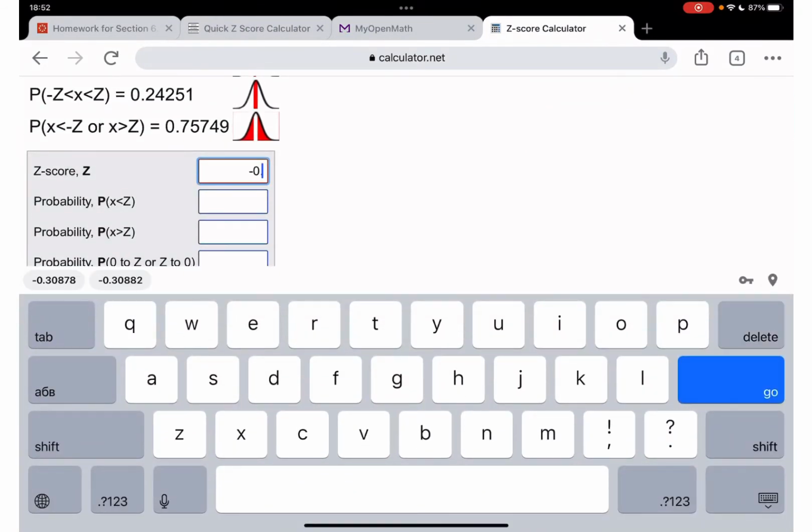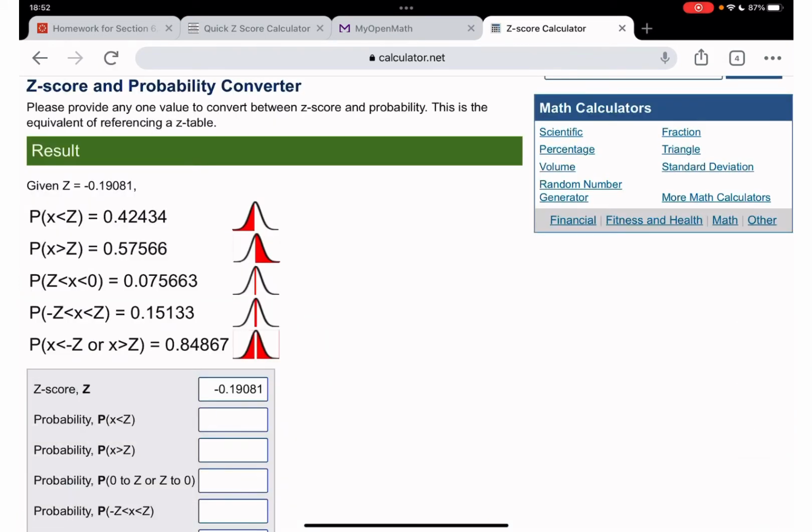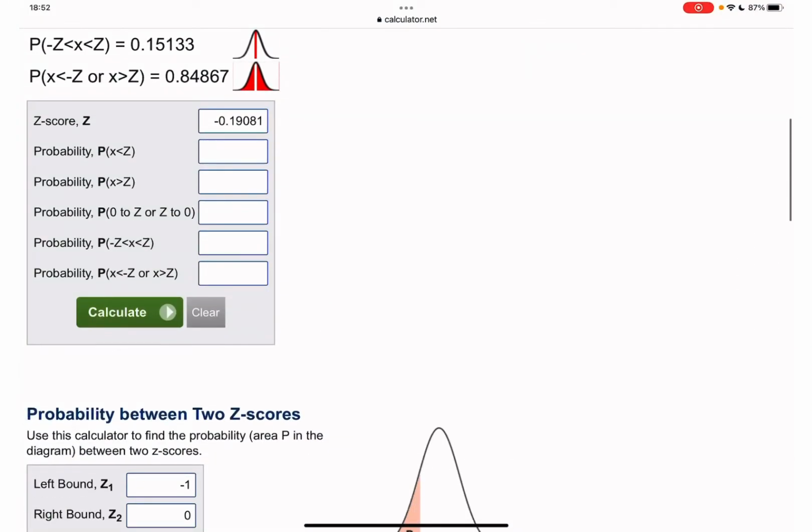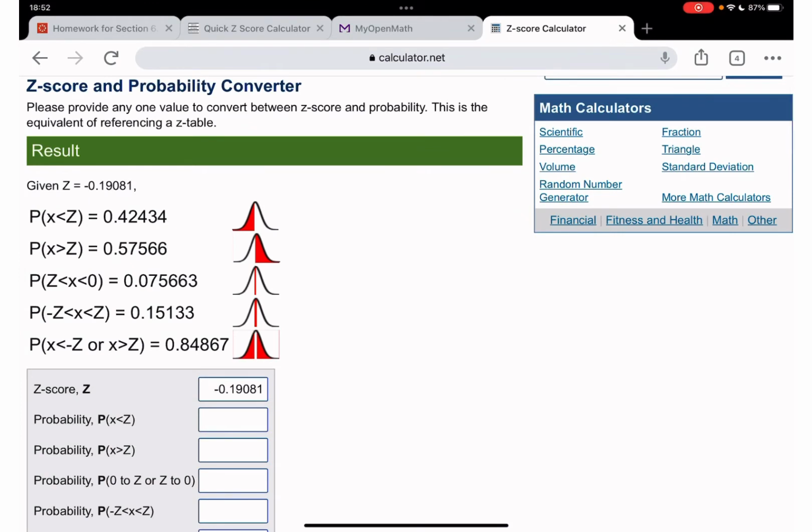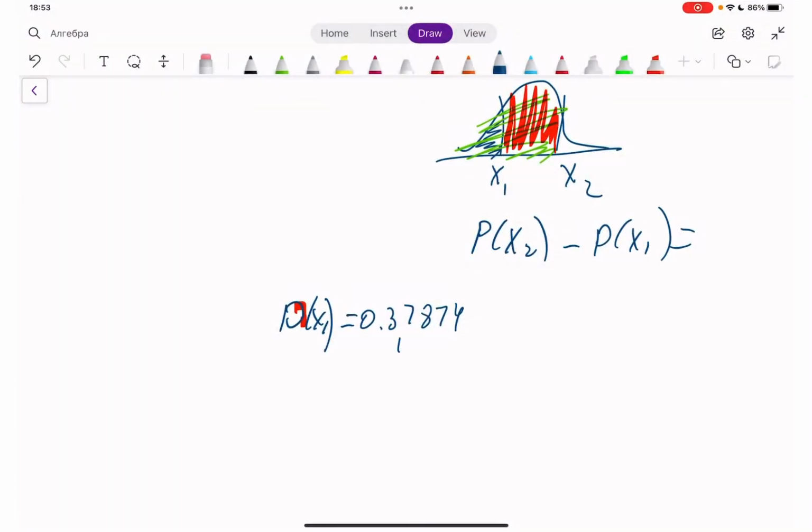Find the probability. Okay. And we are getting, since we need to take x is less than, so it's going to be 0.42434. So let's subtract.